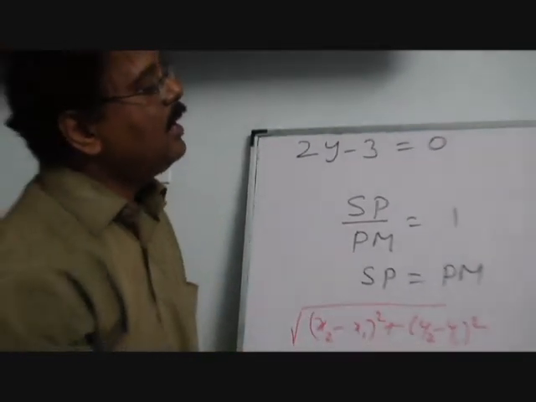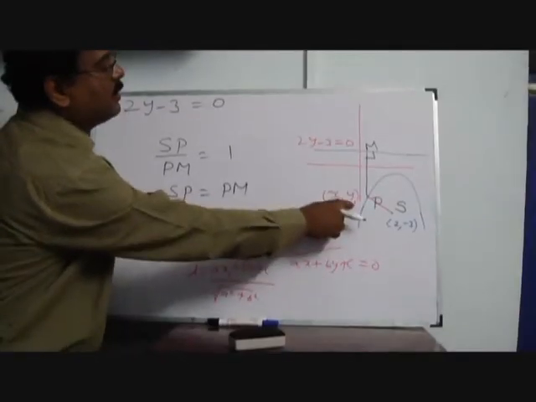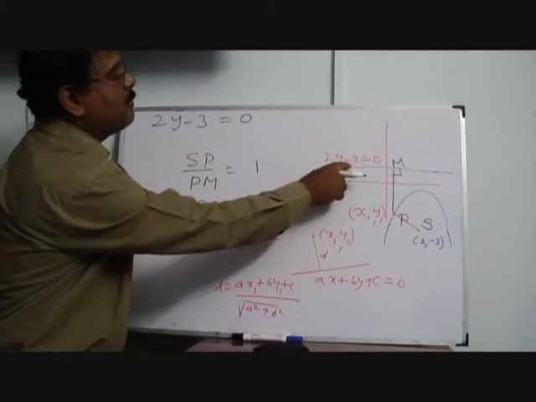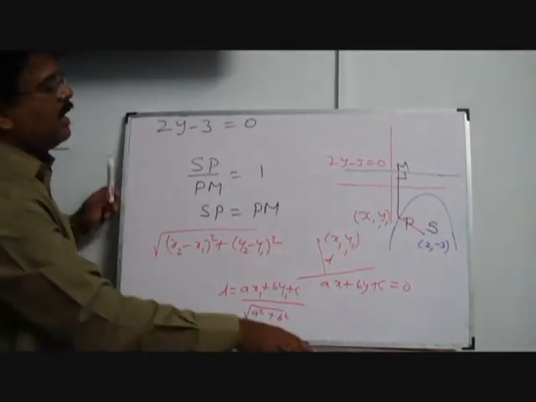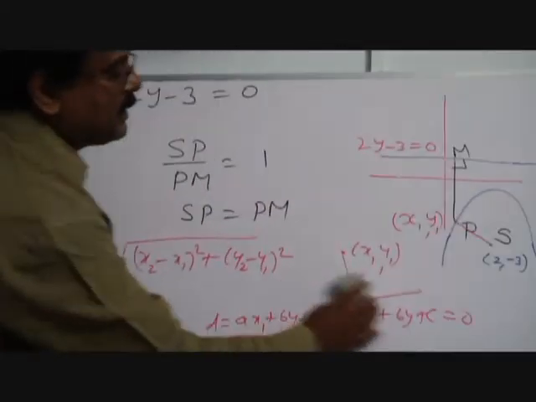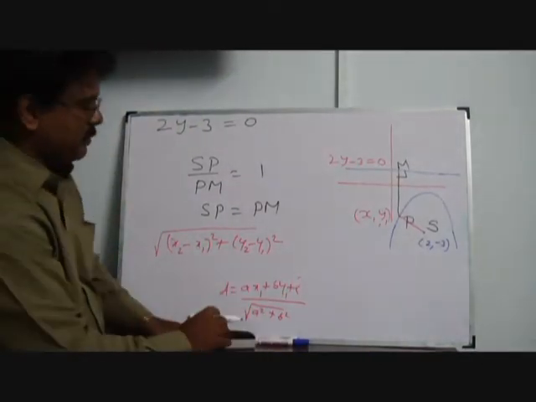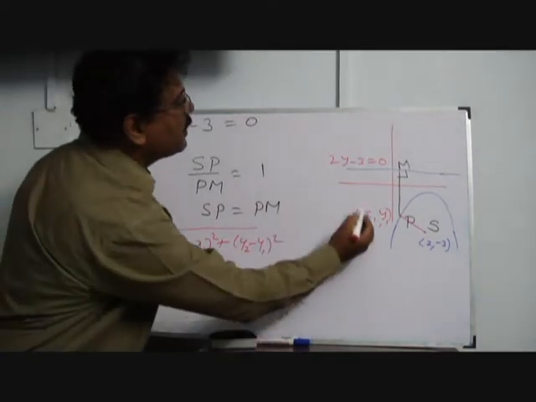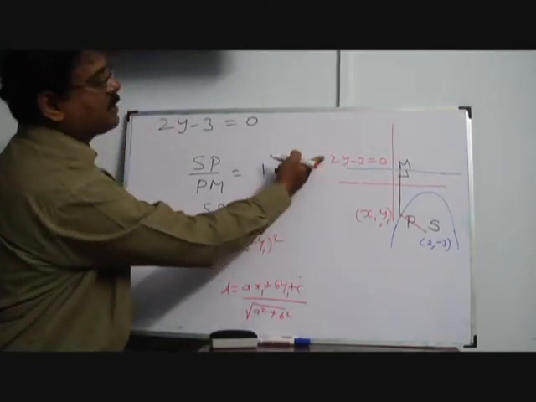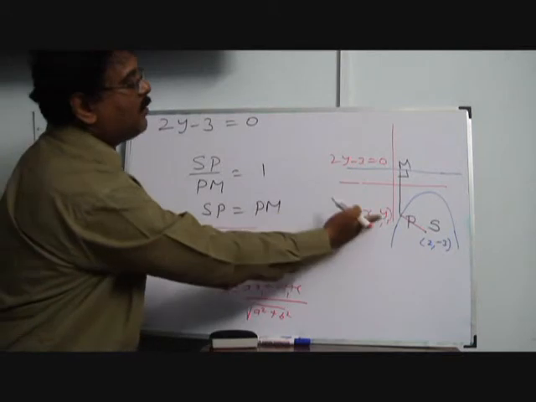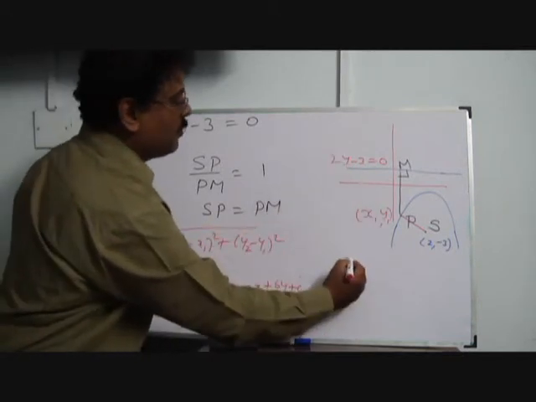Now what is the point here? (x1, y1). What is the line here? 2y - 3 = 0. Then how is it possible to find the distance here? I am going to use this formula. Instead of x we substitute x1. Here there is no x term. Instead of y we substitute y1.